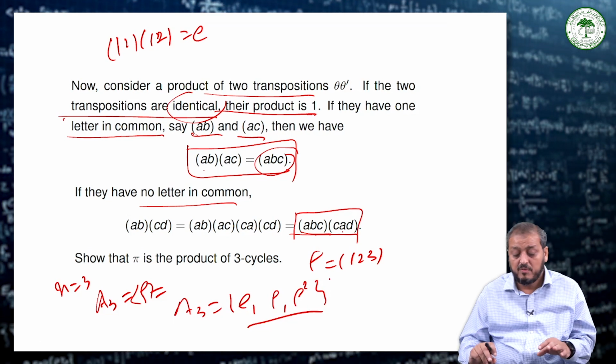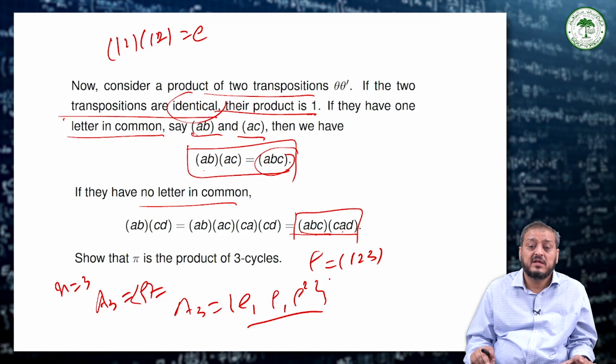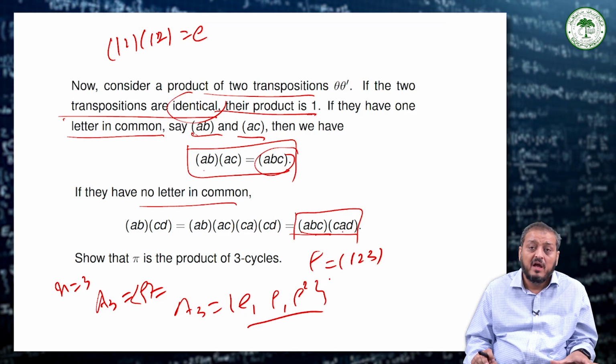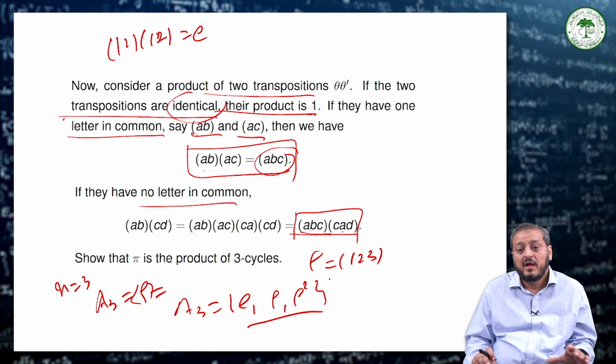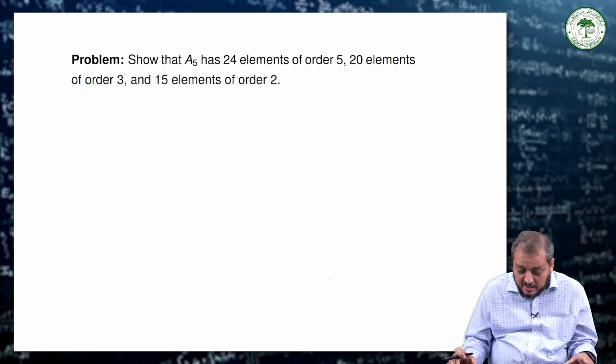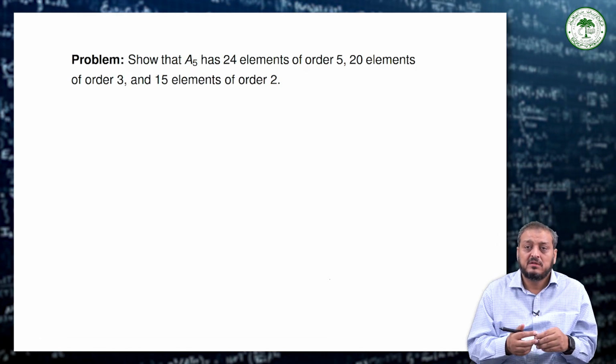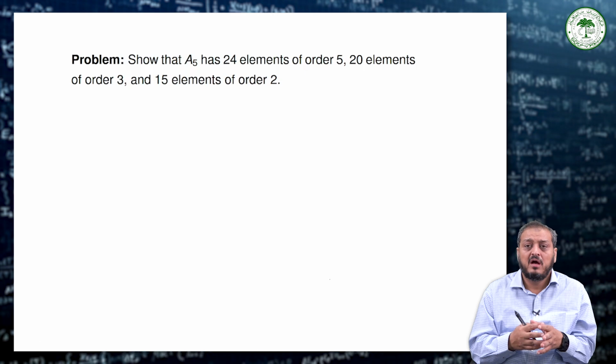So generally we can say that pi is a product of 3 cycles. Now I close this permutation section with the problem.